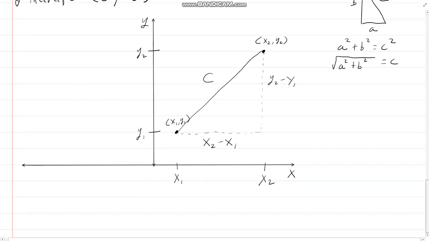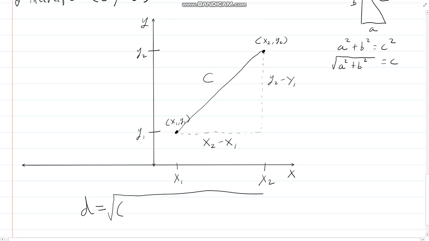All right, so let's try to find what that distance is. I'm going to call this d. That's going to be our distance. Now, our a here is our x2 minus x1. So I'll put that in the square root.